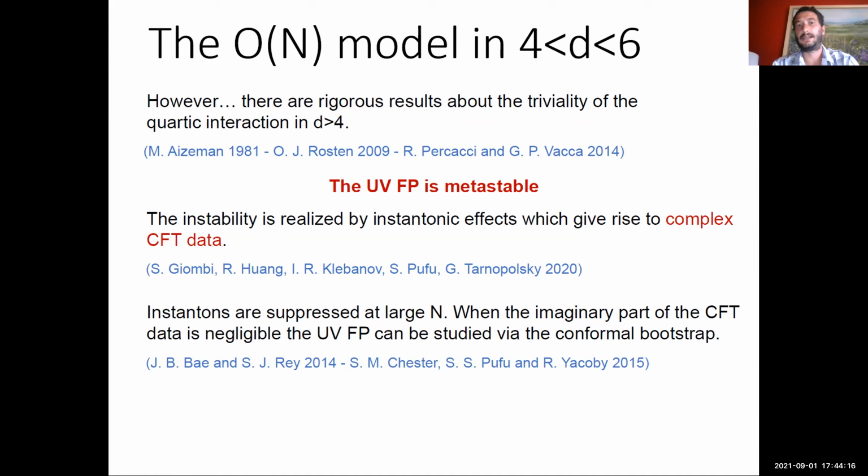So this ultraviolet fixed point is actually what can be called a complex CFT. On the other hand, since instantons are suppressed at very large N, when N is large enough that the imaginary part of the CFT data is numerically negligible, this fixed point can be treated as a real fixed point, and the theory can be studied, for instance, with the conformal bootstrap, as has been done in the paper shown in the slide.